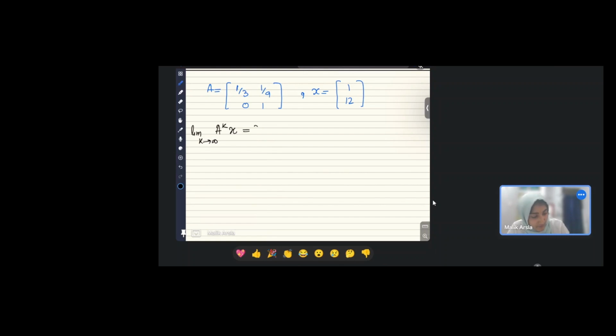This is an upper triangular matrix, and the eigenvalues of an upper or lower triangular matrix are equal to the diagonal entries.